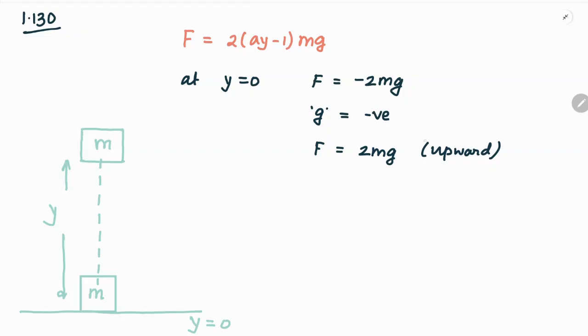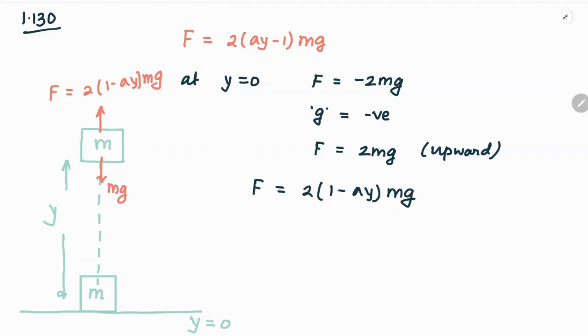If we do this adjustment, then we can rewrite the force as 2(1 minus ay)mg. When the particle is at this level, the weight of the object is in the downward direction, and this variable force F equals 2(1 minus ay)mg is in the upward direction.